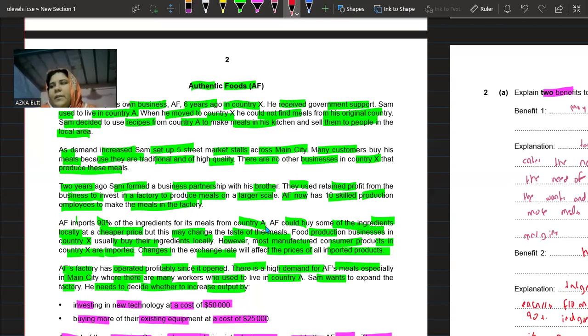And also he must be having some links in country A also. So this would be very beneficial for it if he's importing 90% of ingredients from its country. So AF could buy some of the ingredients locally at a cheaper price.